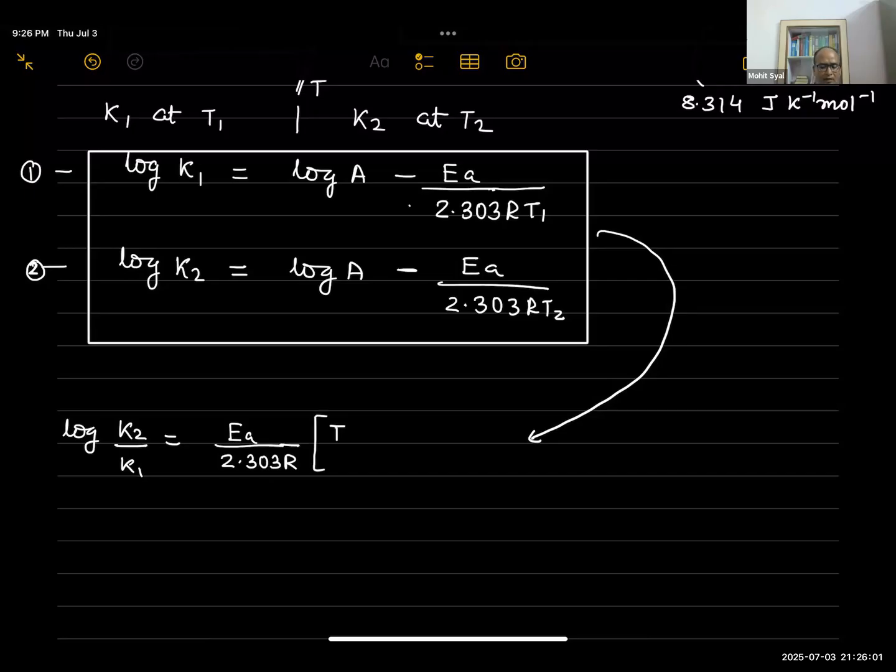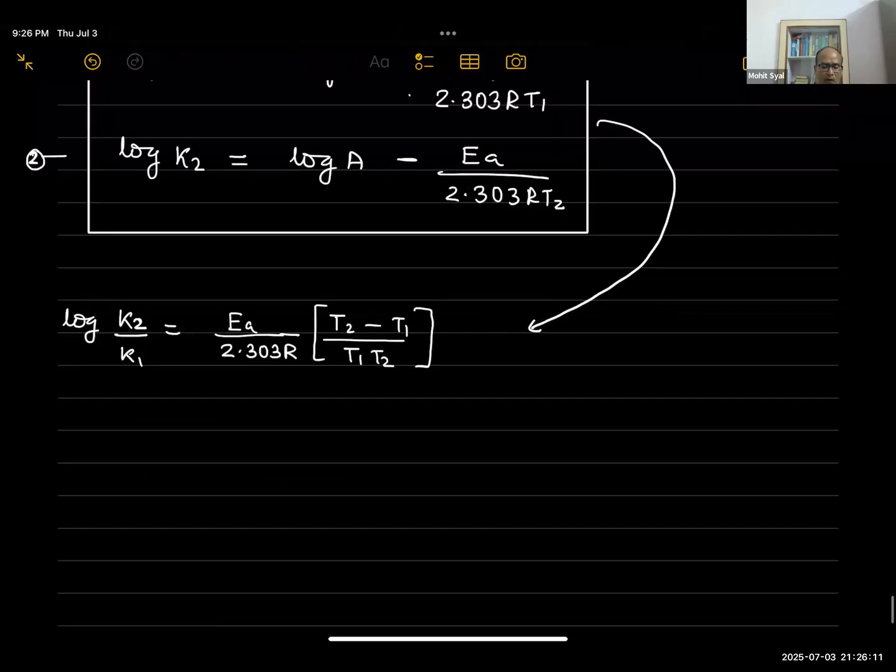And you have log K2 by K1 equals Ea by 2.303 R times T2 minus T1 by T1 T2. This is the form which will be useful in all the calculations.